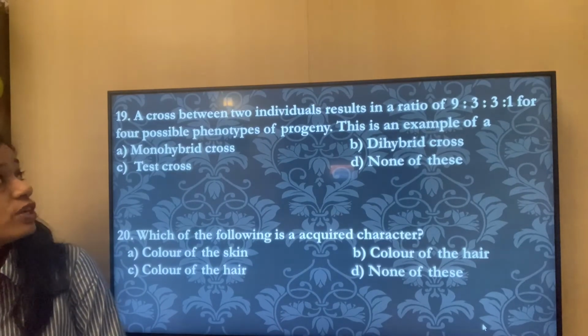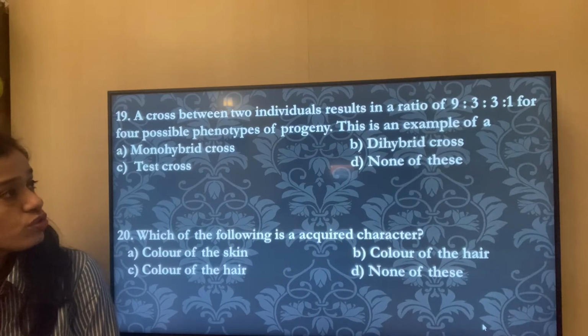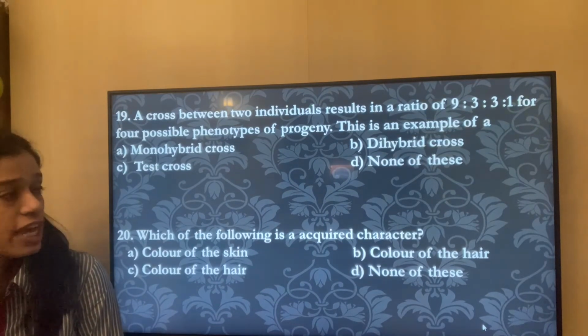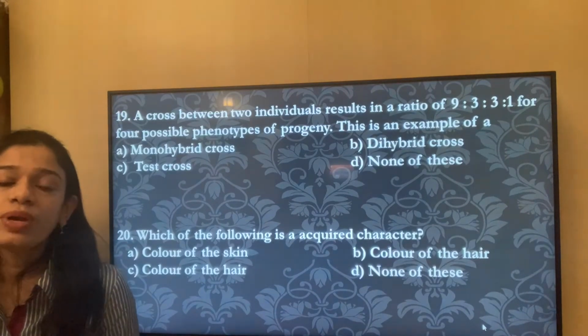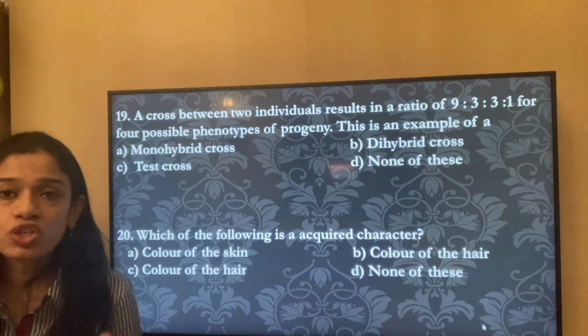For the next question, a cross between two individuals results in a ratio of 9:3:3:1 for 4 possible phenotypes of the progeny. And this is an example of, now, 9:3:3:1 is the phenotypic ratio of what?